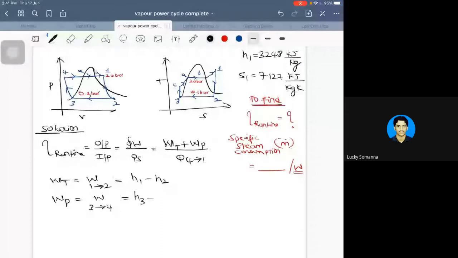Now I need to calculate QS. I know heat is supplied in the process 4 to 1. For heat, it is final minus initial. So how do I calculate Q from 4 to 1?